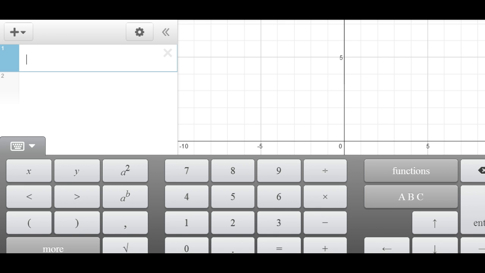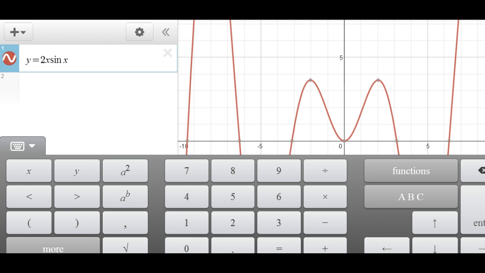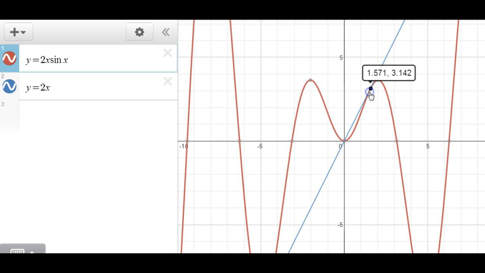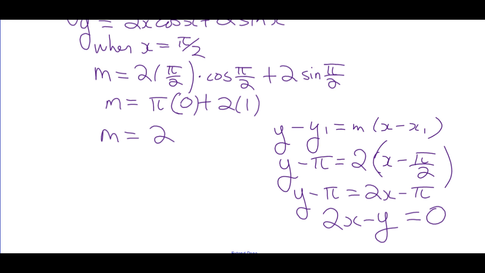What did we have? y equals 2x sine x, and we had y equals 2x, and we were looking at the point pi over 2. That's about 1.571. It went to that point because that's where they intersect. So that is the tangent, and that's pi. Pi over 2, pi, rounding, yeah. Good stuff, eh? It works.